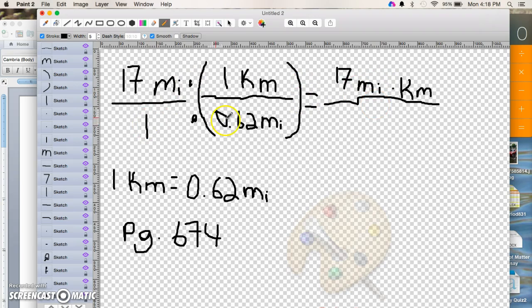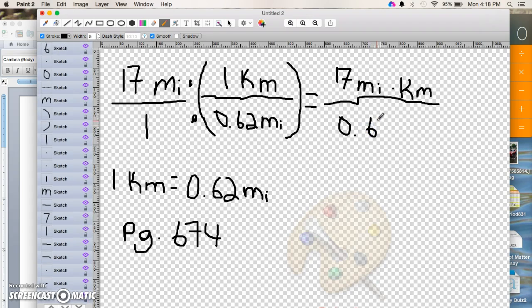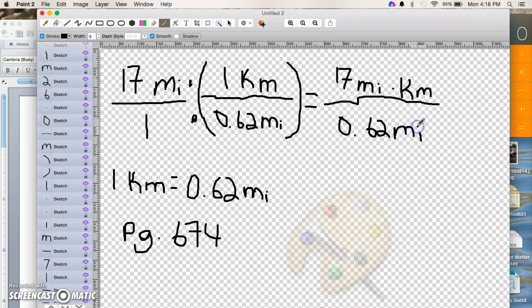On the bottom, we have 1 times 0.62, which gives us 0.62, and the only unit we have is miles.